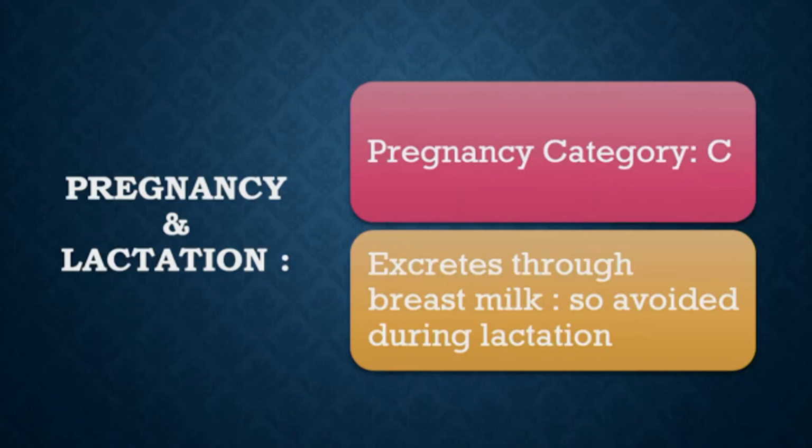So we should be more cautious while prescribing it in patients with heart failure, especially elderly people. It can also cause peripheral neuropathy as well as adrenal suppression. It is pregnancy category C, so you should be aware of it while prescribing in pregnancy. It is also excreted through breast milk, so it should be avoided during lactation.